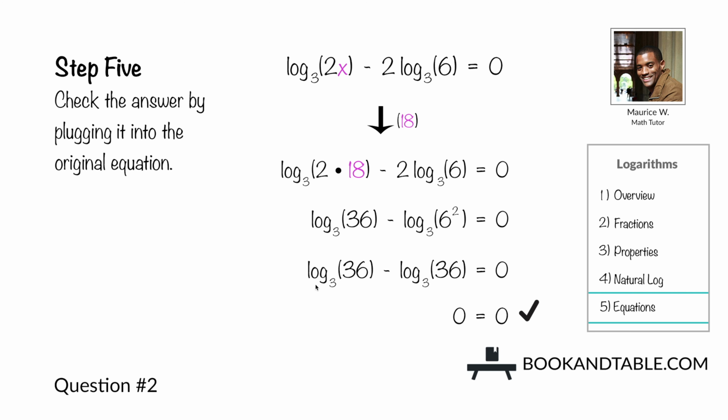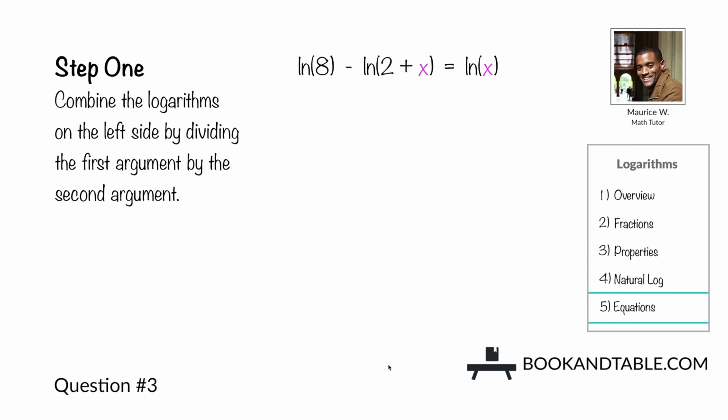So we get a log base 3 of 36 minus a log base 3 of 36, which would be 0, giving us 0 is equal to 0, confirming that x does equal 18. That is the answer to question number 2. Let's now have a look at question number 3.